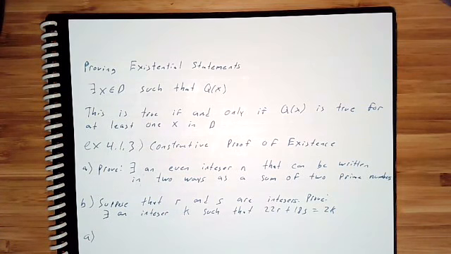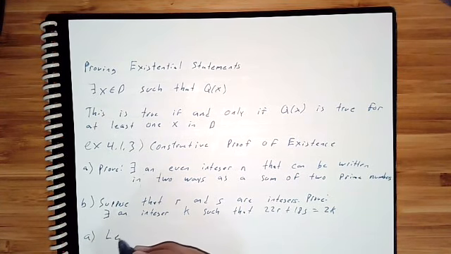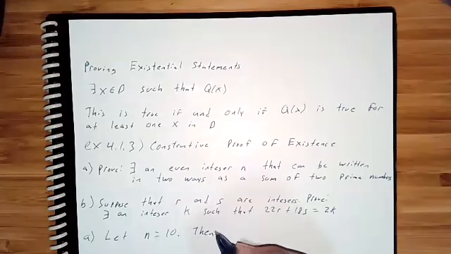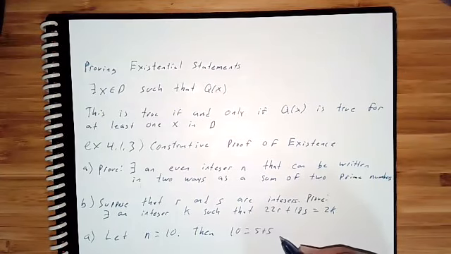So in the book they use a couple of examples, but let's use this one here. So you know what? Let n equal a basic number like 10. Then 10 is equal to 5 plus 5, which is equal to 3 plus 7, right?